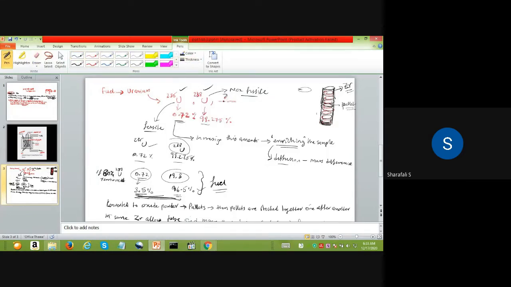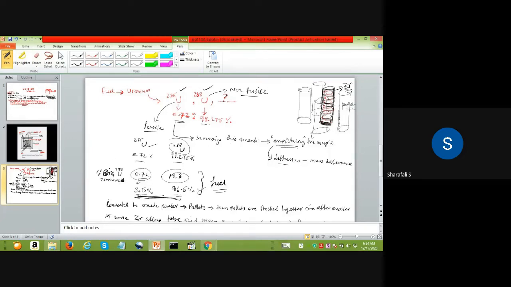I'll just draw some more here. So you have more tubes like this, here and there, close to each other. That will form one cluster, which has many such tubes. Then it forms one unit.